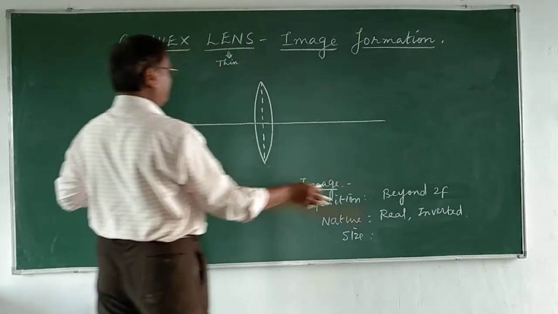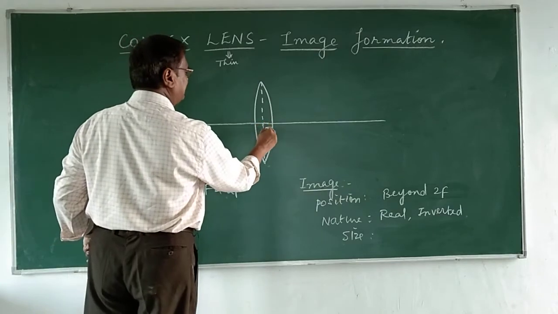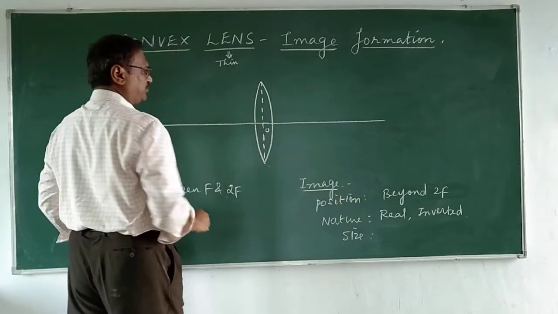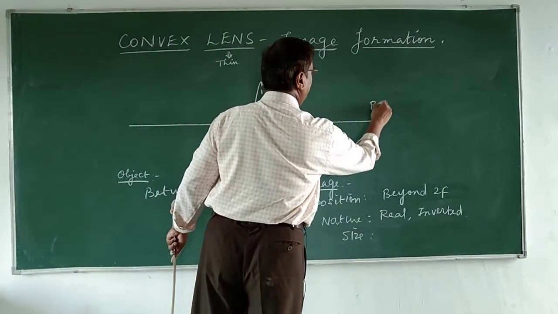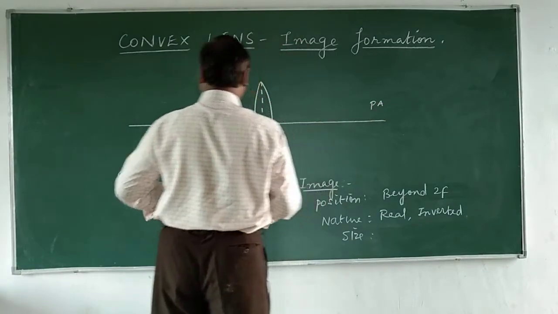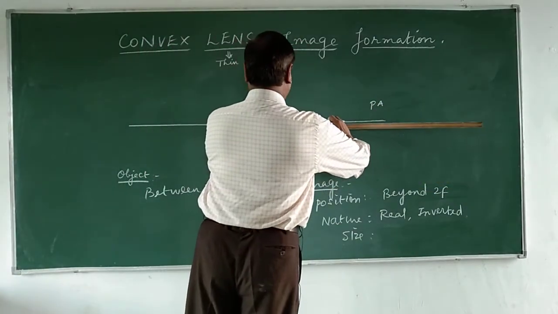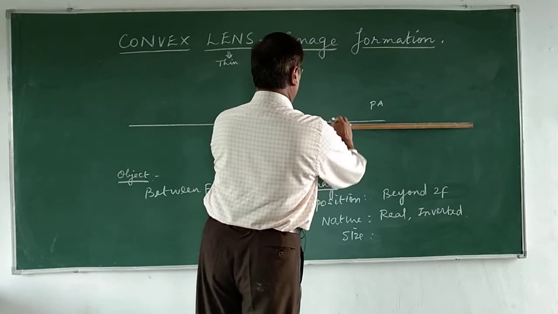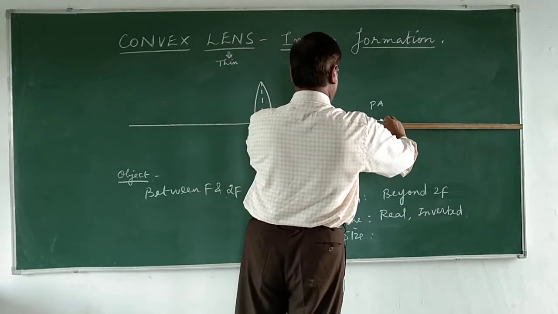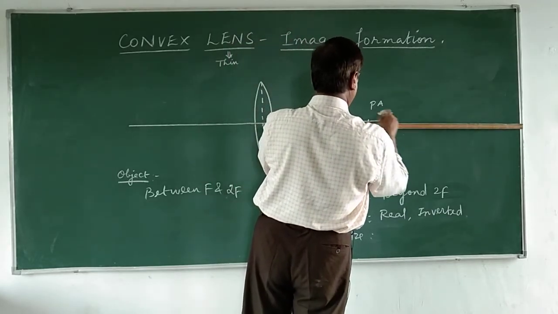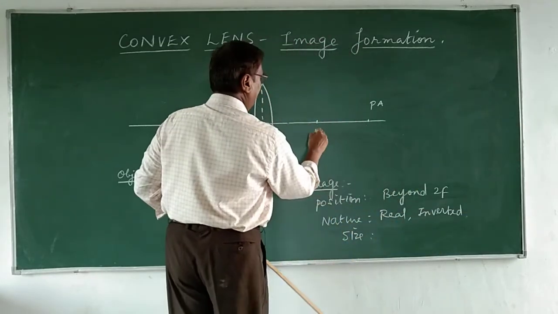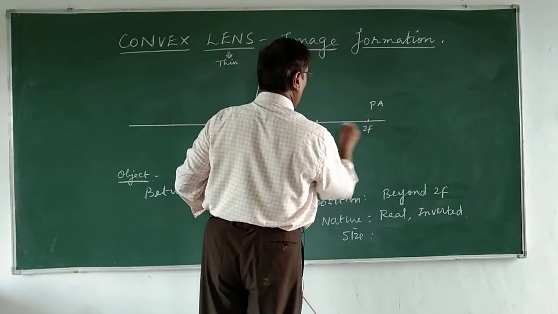Any ray passing through the optical center will go without deviation. This is principal axis. Fine. Let me mark the focus 25 centimeter, and 2 times focus 50 centimeter. So F and 2F I have drawn.